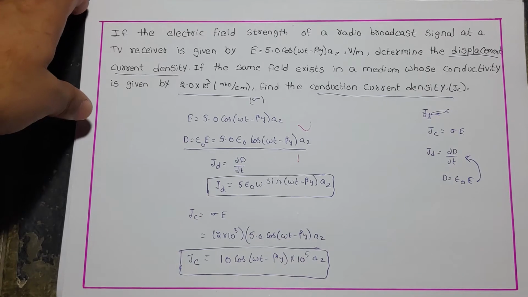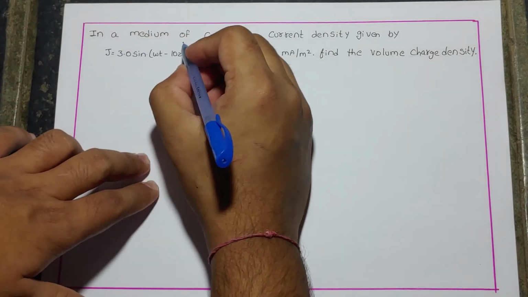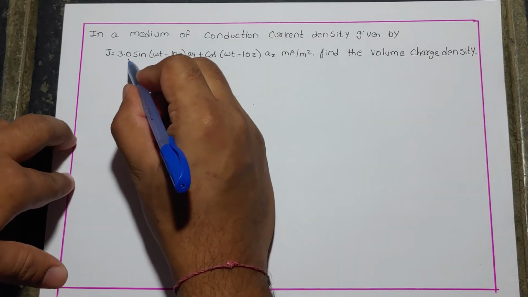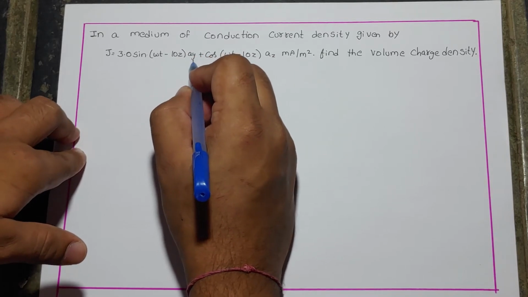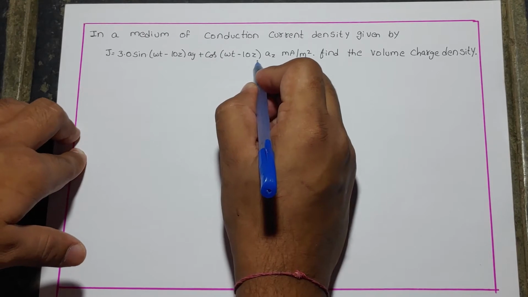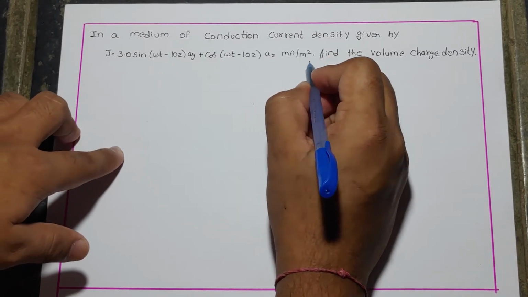Let us solve another example. Here is a question that in a medium the conduction current density is given by J is equal to 3 times sin of omega t minus 10z in AY component plus cos of omega t minus 10z in AZ direction, in milliamperes per meter square.